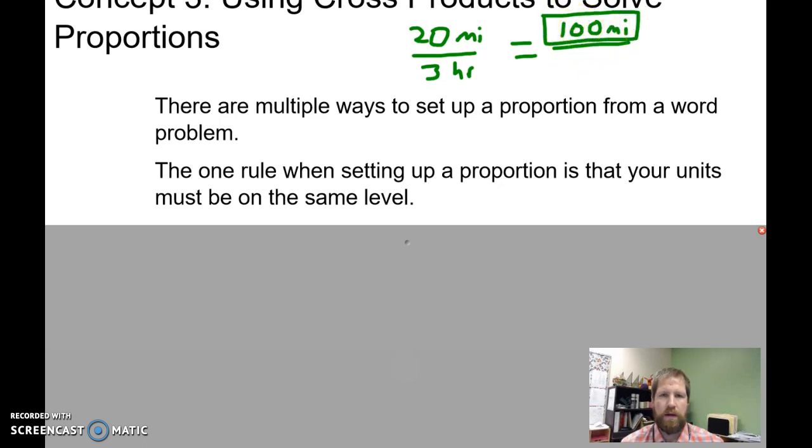Or maybe you don't know how many miles it is, and that's fine, but that's going to be your variable, or your X miles over 10 hours or whatever. So your units have to be the same. Your units within a ratio will be different, but within a proportion, they have to be the same on the top for both numerators and the bottom for both denominators.